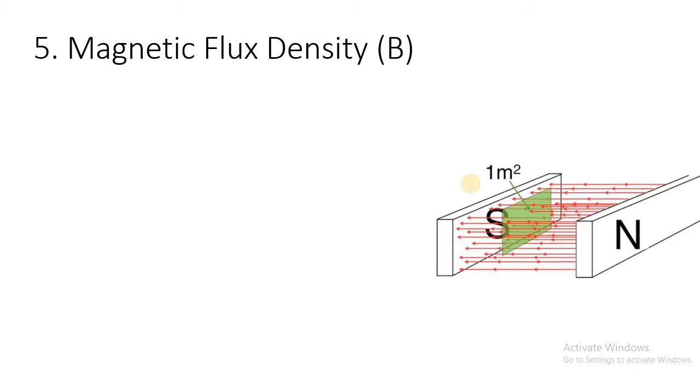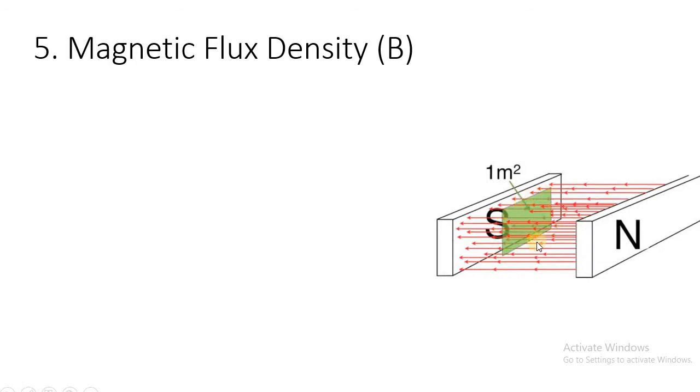lines of magnetic force. And in between there is a green cardboard I have inserted, which has the unit area. Unit area means what? It has an area of 1 meter square. So this green cardboard is inserted in the path of the magnetic flux lines in such a way that its plane is at right angle, perpendicular to the flow of flux lines, and the area of that plane is 1 meter square.